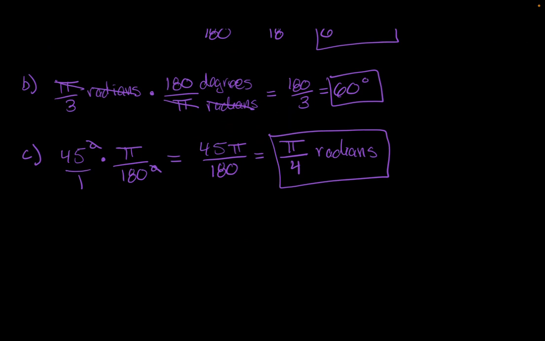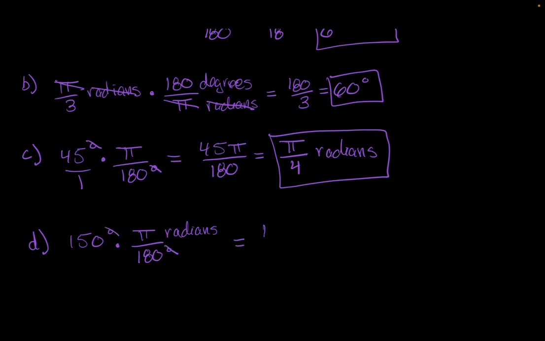Let's do one more. What if I have 150 degrees? I need to convert that to radians. Again, I have degrees in the numerator, so I need degrees in the denominator so that those units will cancel. So I would do pi over 180 degrees. Remember, this pi radians is equivalent to 180 degrees. So those degrees will now cancel.